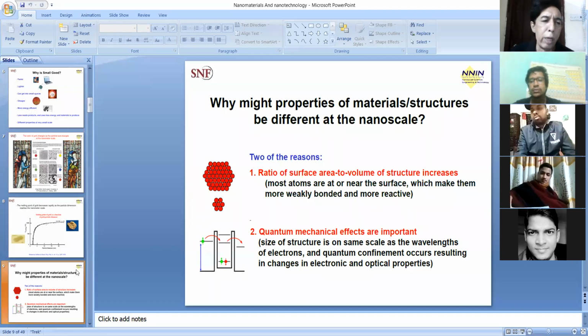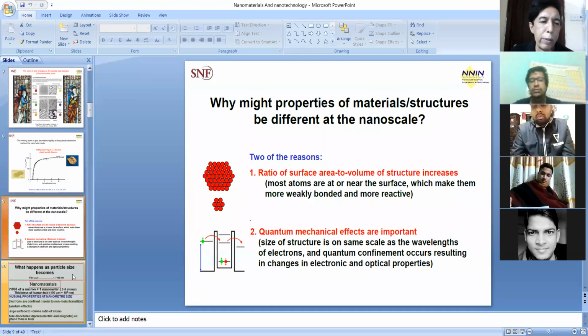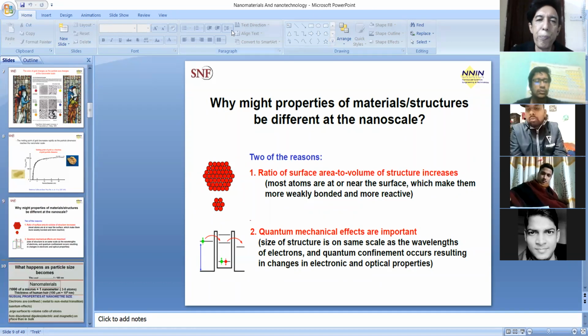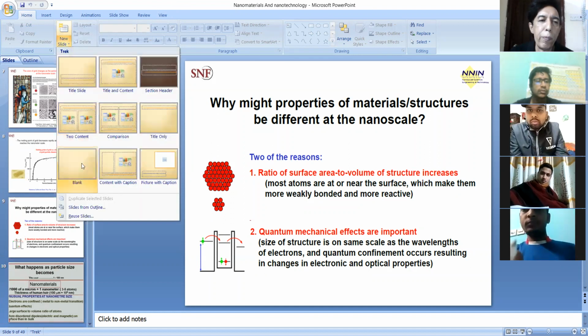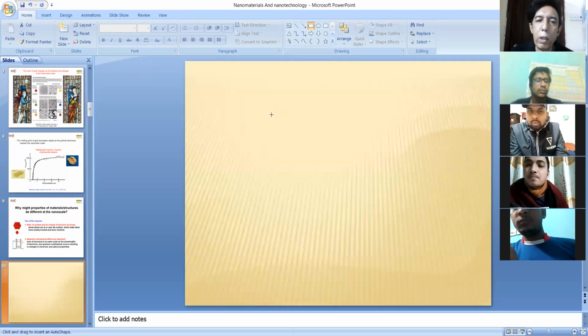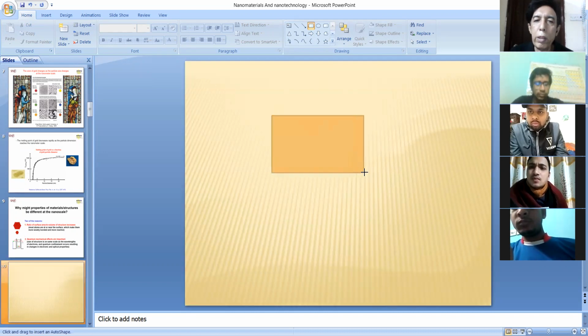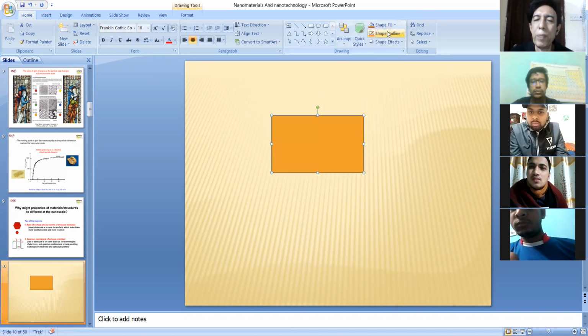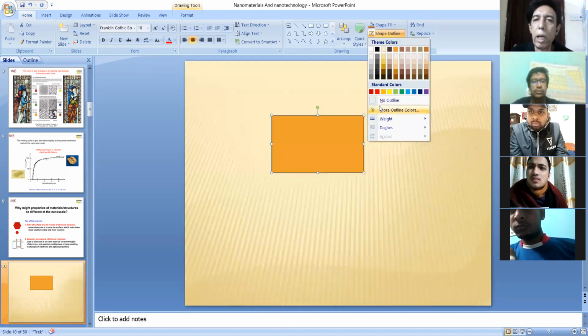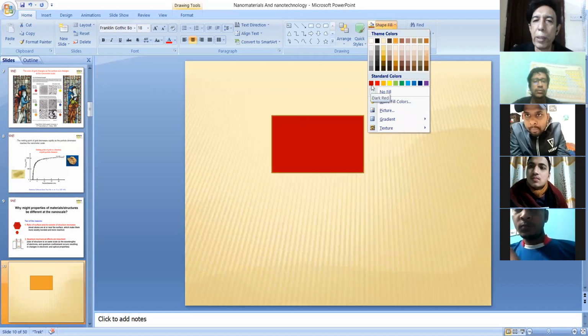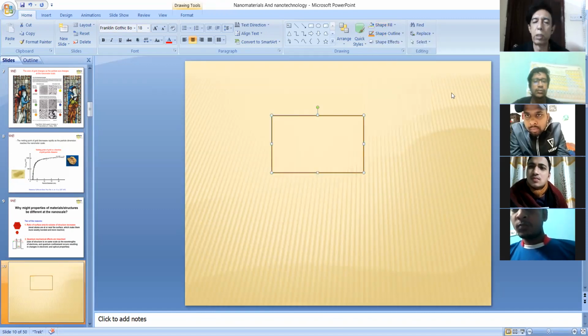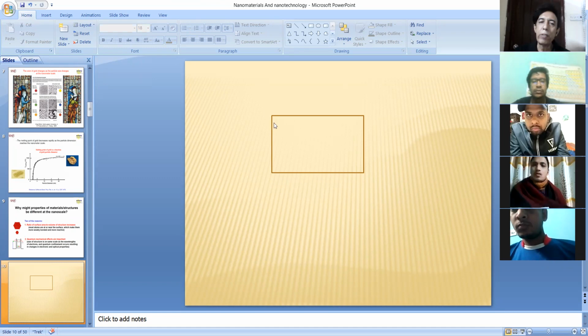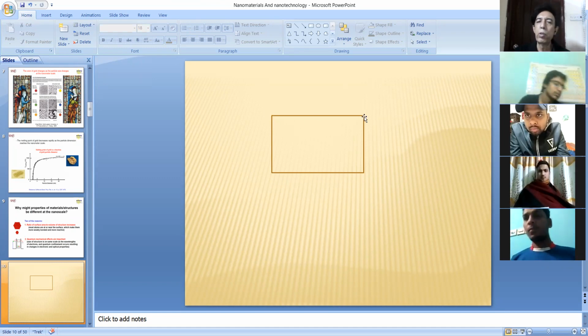Now, for example, if I draw a material, say, for example, this is a bulk material. So what will be its surface area? Surface area is this into this.